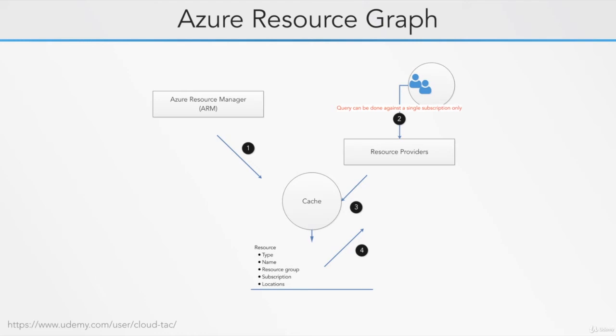This requires multiple calls and complex scripts to handle the operation. While it could be possible today to query resources directly using Azure Command Line interface or the PowerShell, this is much slower than using the resource graph. Azure Command Line interface or PowerShell also does not allow us to do cross-subscription queries.